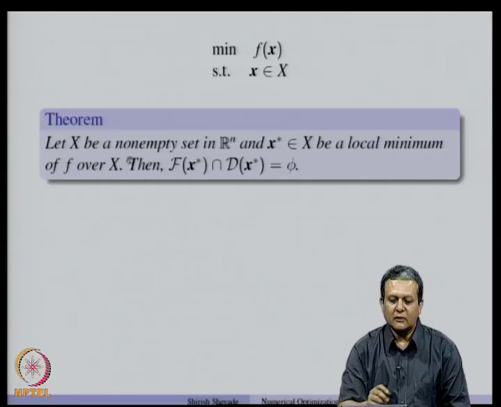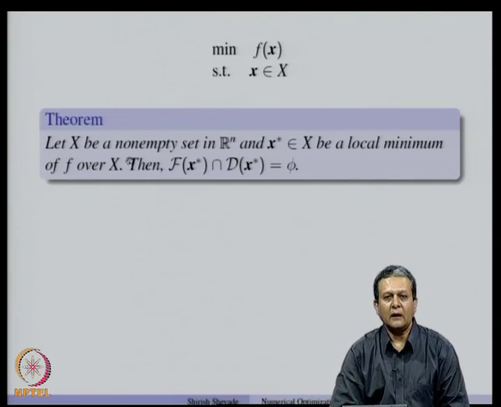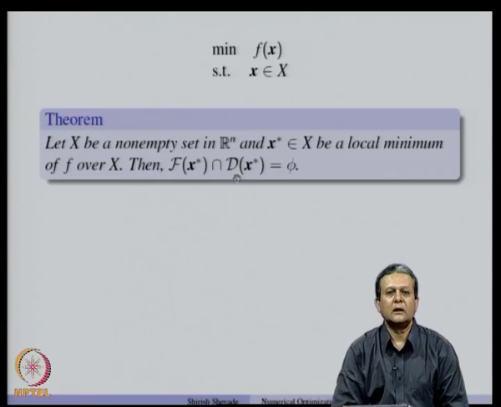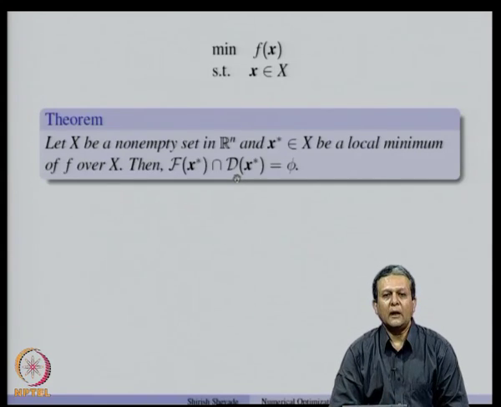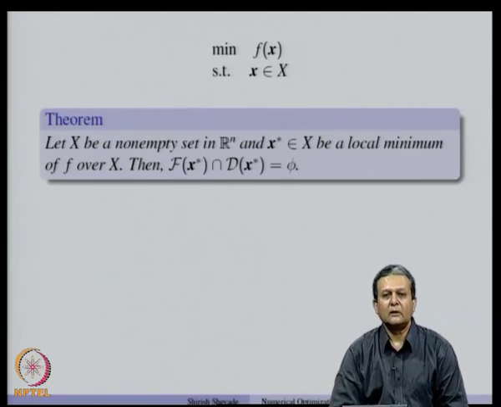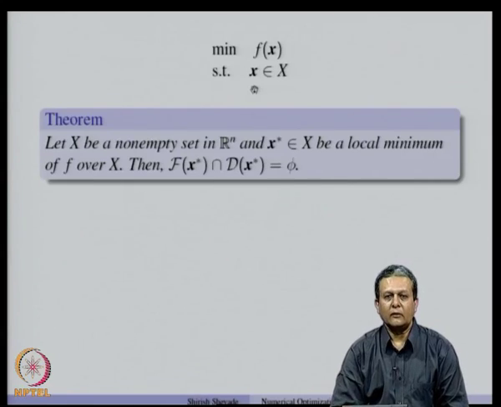So, if X is a non-empty set in R^n and x star belonging to X, the feasible region, is a local minimum of f over X, then the set of feasible directions and the set of descent directions have empty intersection. So, this is a very important result, and this gives the necessary condition for the local minimum of a given constrained optimization problem.